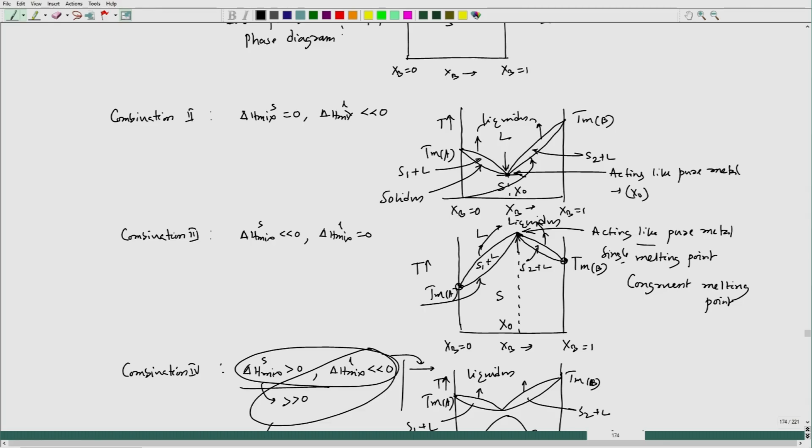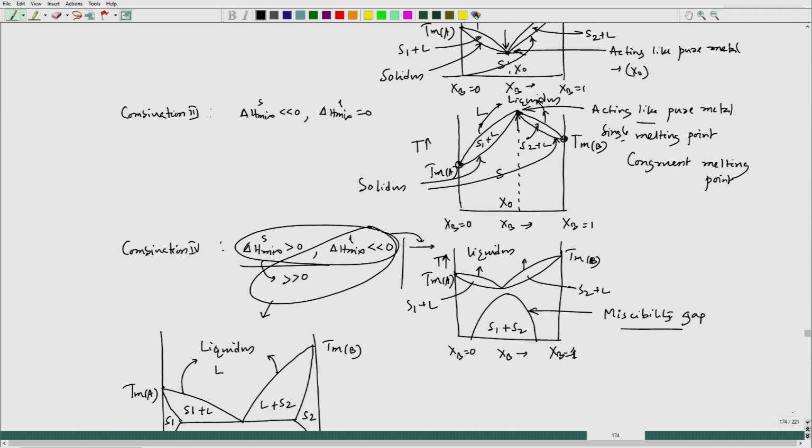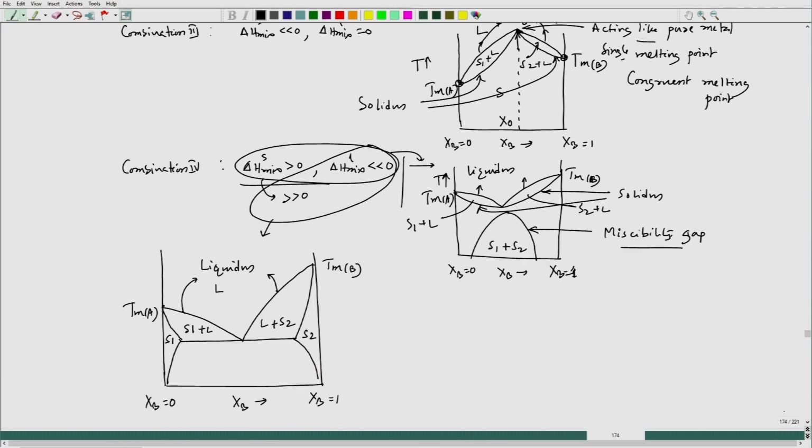These two lines are solidus, and in fact, here also this line and this line are solidus. So, here we get liquidus, this line which indicates the solid 2 composition which is in equilibrium with liquid. This is solidus, this is also solidus.